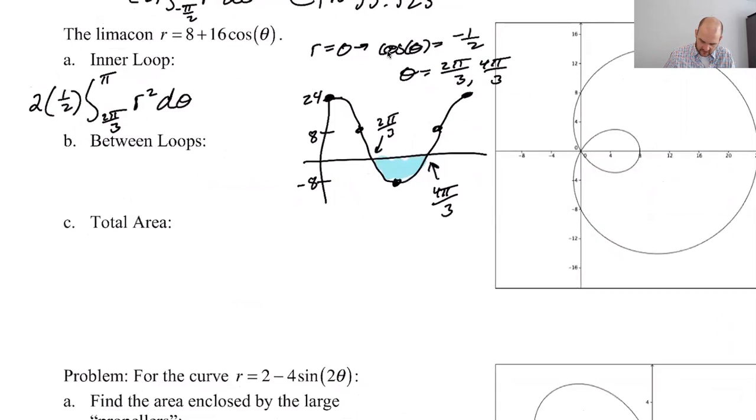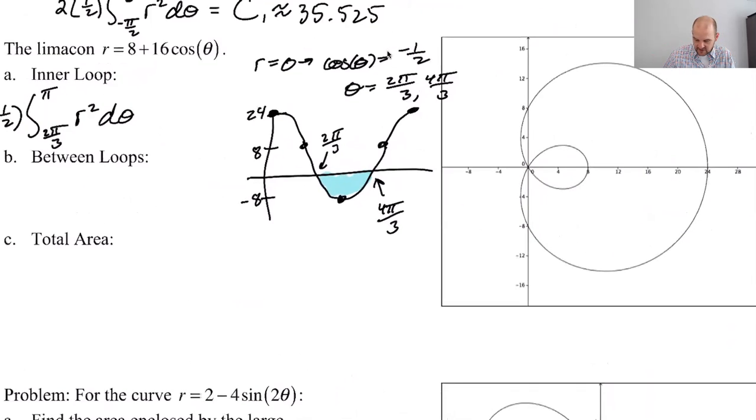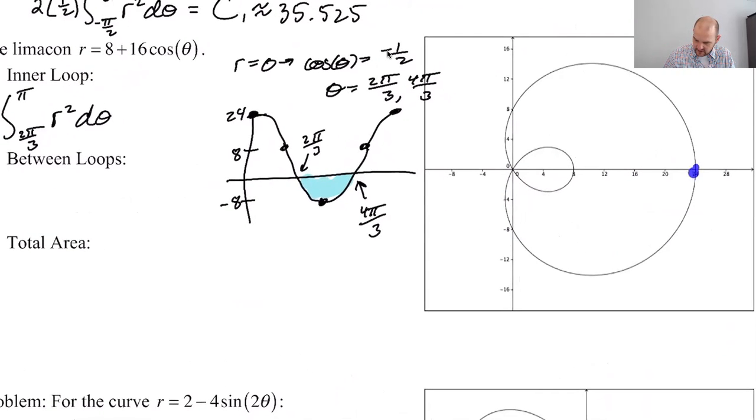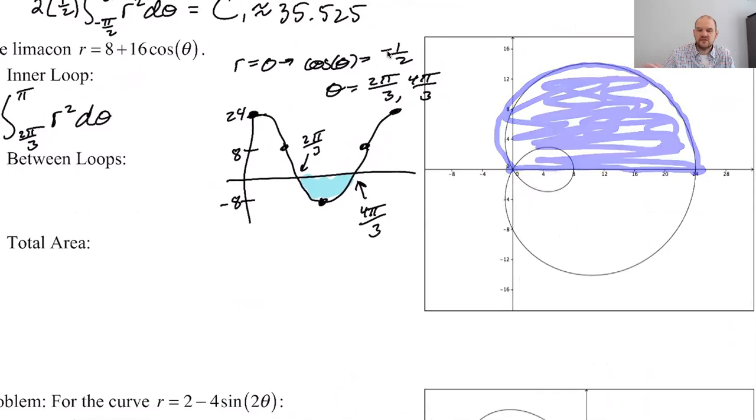Between the loops, I think the right thing to do is first find the total area. For this one it's actually a little bit easier, right? Let's just go 0 to 2 pi over 3. We'll have filled in all of this, which is definitely half of it, and then we'll just double it.